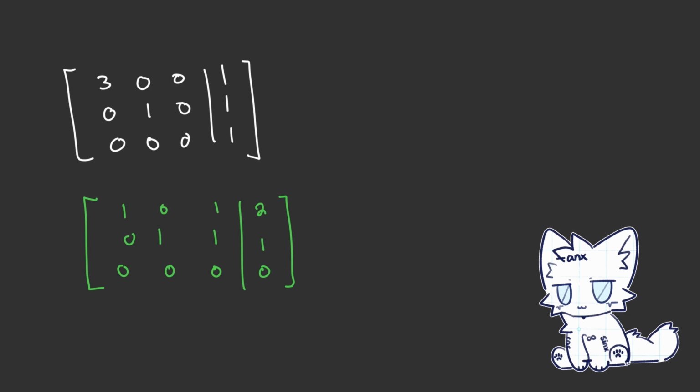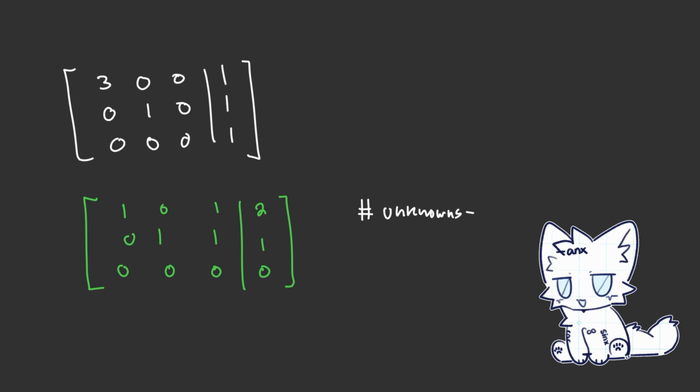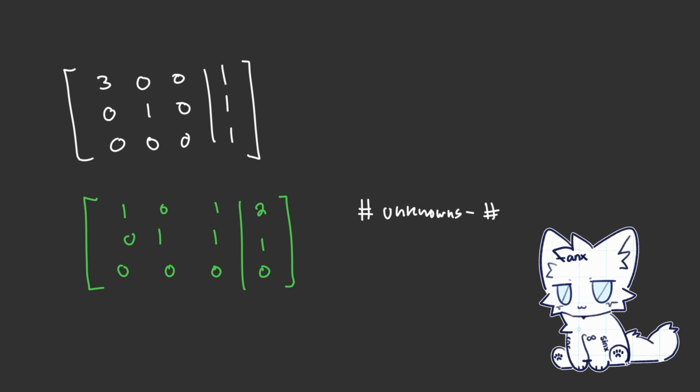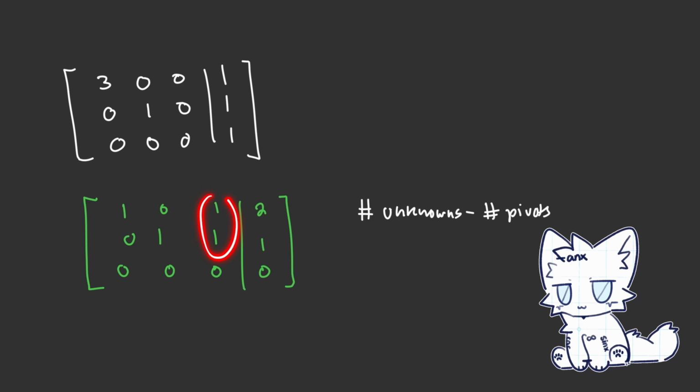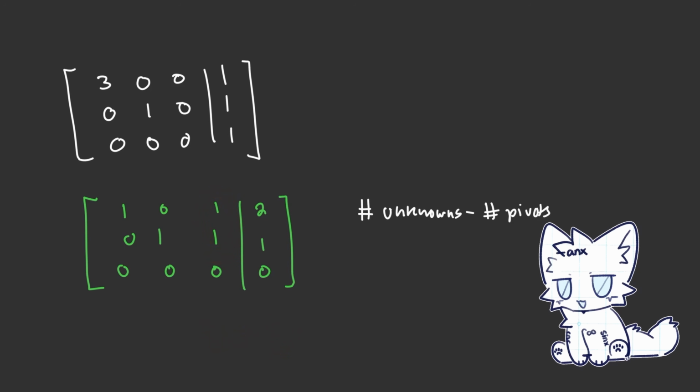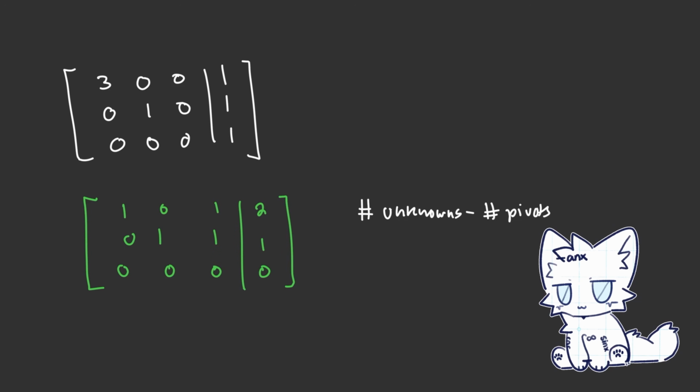Again, let's do number of unknowns minus number of pivots. There are 3 unknowns, x, y, z, and there are 2 pivots. So that means there is 1 free variable. So it could be z. And you set that equal to itself, and that is an entire line of solutions. Isn't that cool? Okay, let's move on.